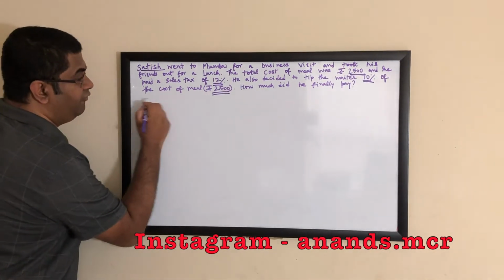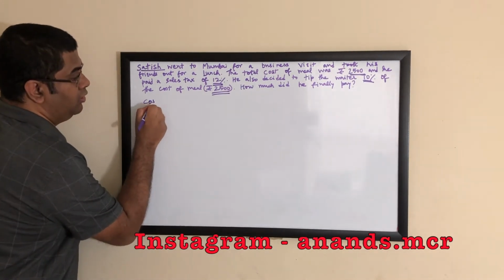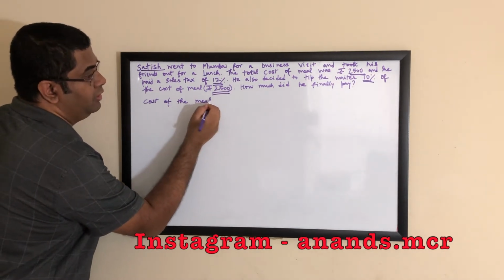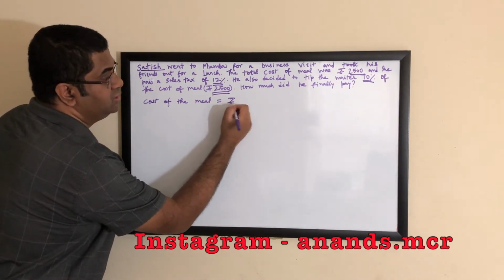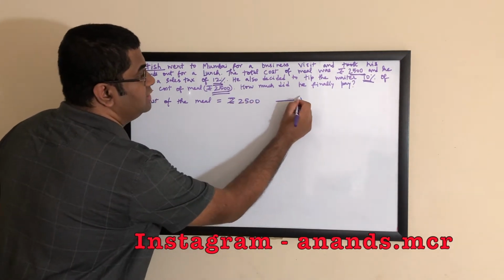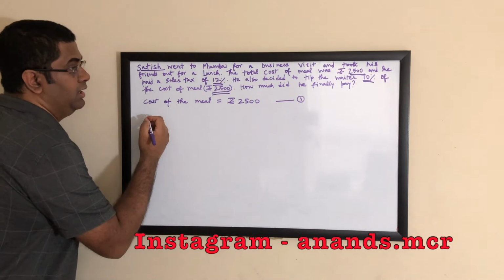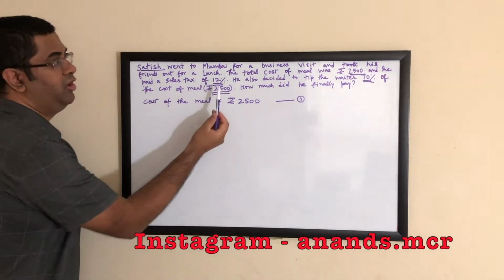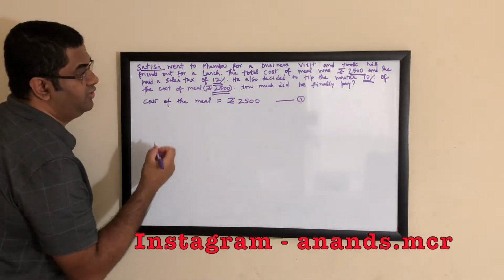The first step that we write is cost of the meal, which is equal to rupees 2,500. Let us call this step 1. Step 2 is the second piece of information from the problem: he paid a sales tax of 12%.